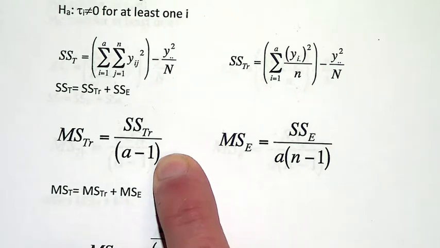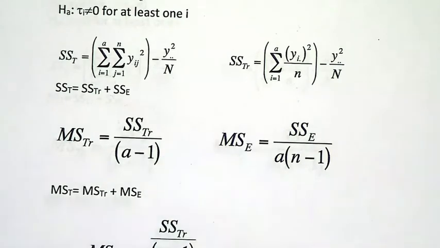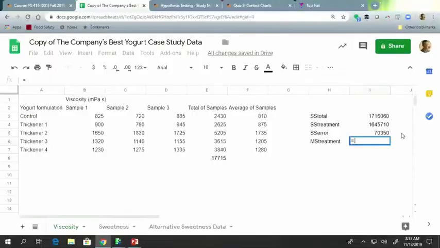What is alpha minus 1 in this case? 4? Yep, exactly. Okay, so if we go back here, alpha is 4. Why? Because we have 5 treatments. Alpha is 5. 5 minus 1 is 4. Exactly. So for the mean squares for the treatment, it's the sum of squares divided by 5 minus 1.